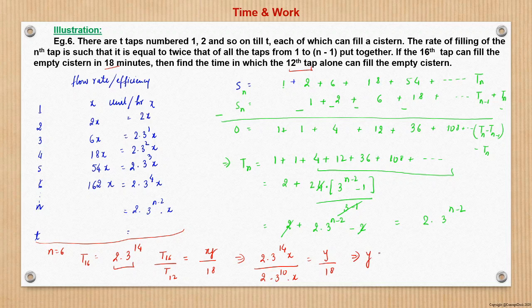So from here we can solve y is equal to nothing but 18 into 3 raised to power 4, right? So this becomes the time. So this is nothing but 18 into 81.